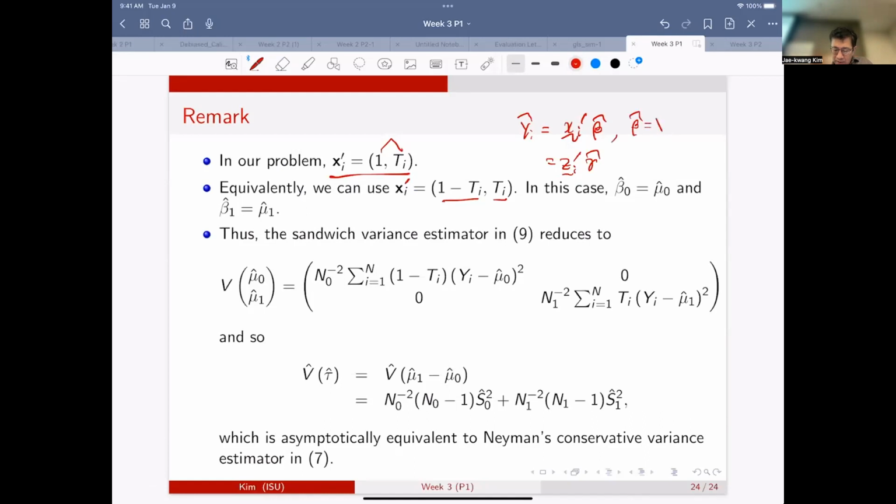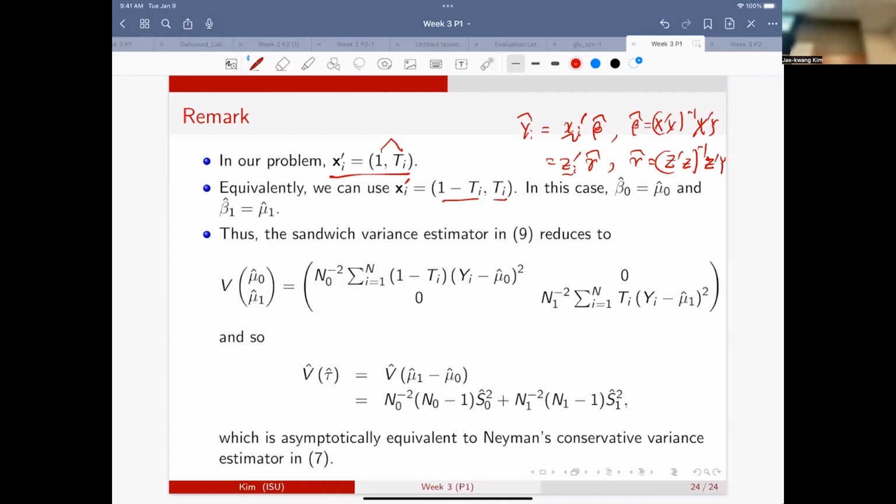The gamma hat is X prime X inverse X prime Y, where gamma hat is C prime C inverse C prime Y. Okay.